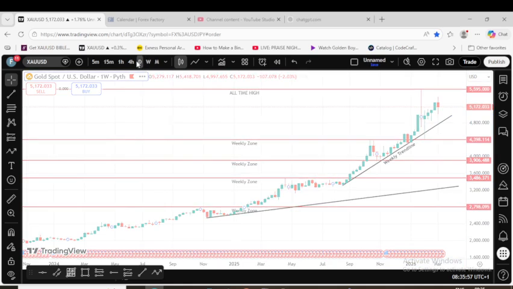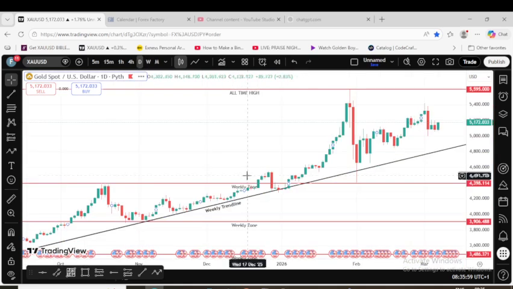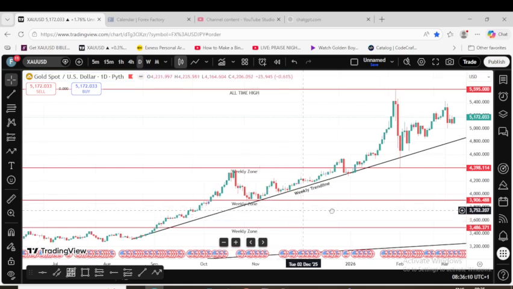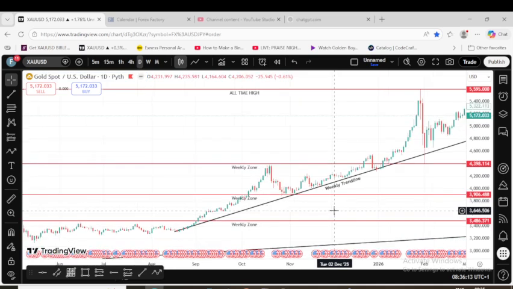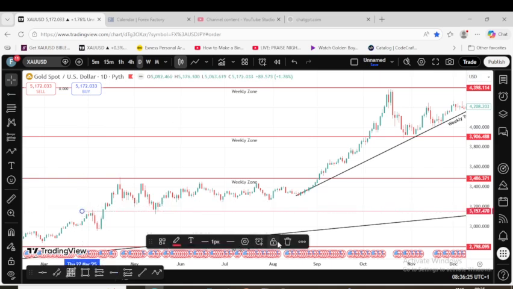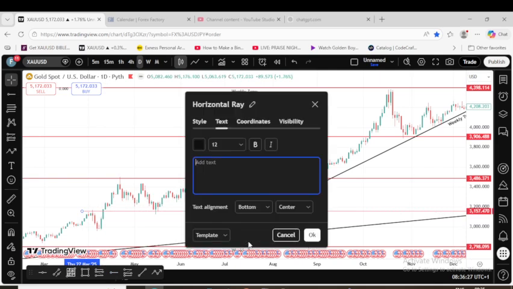Next we'll go to the daily time frame. On the daily time frame, we're going to do the exact same thing again, which is we'll identify our zones, which are higher level support and resistance, and then we'll identify any potential trend lines. So we have a zone here, a daily zone.